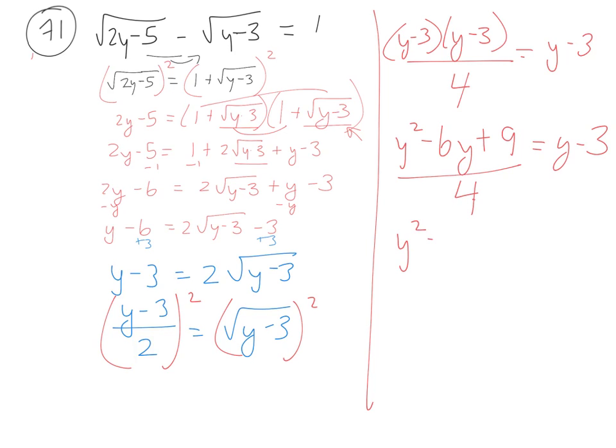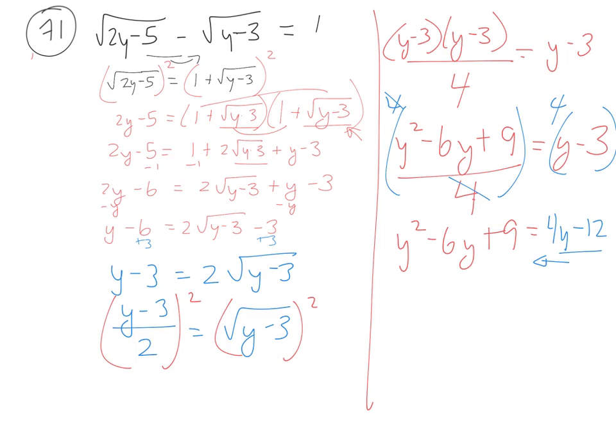So it'll be y squared minus 6y plus 9 equals, I have to multiply both sides by that 4, and this by 4. These 4s cancel, so on the right side it'll be 4y minus 12. I'm getting close, though. Move this stuff to the other side, so you get a y squared thing.